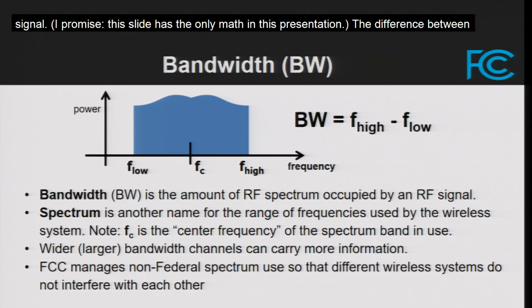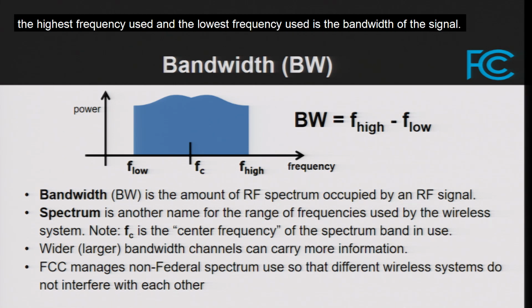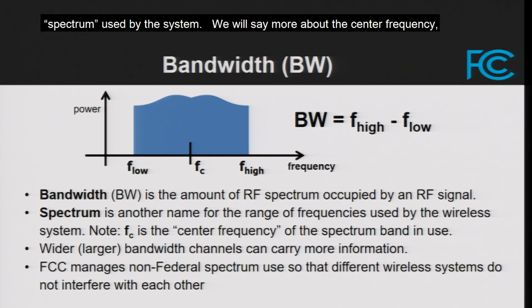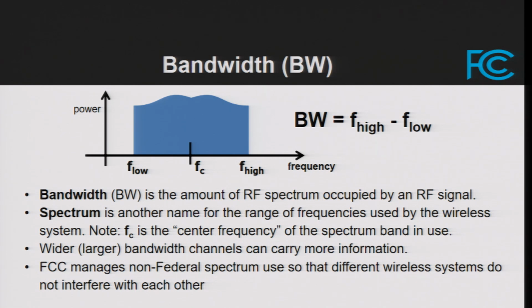I promise this slide has the only math in this presentation. The difference between the highest frequency used and the lowest frequency used is the bandwidth of the signal. Since there are a great number of these radio frequencies, we also refer to this as the radio spectrum used by the system. We will say more about the center frequency, that's F sub C, of the band in the next slide.